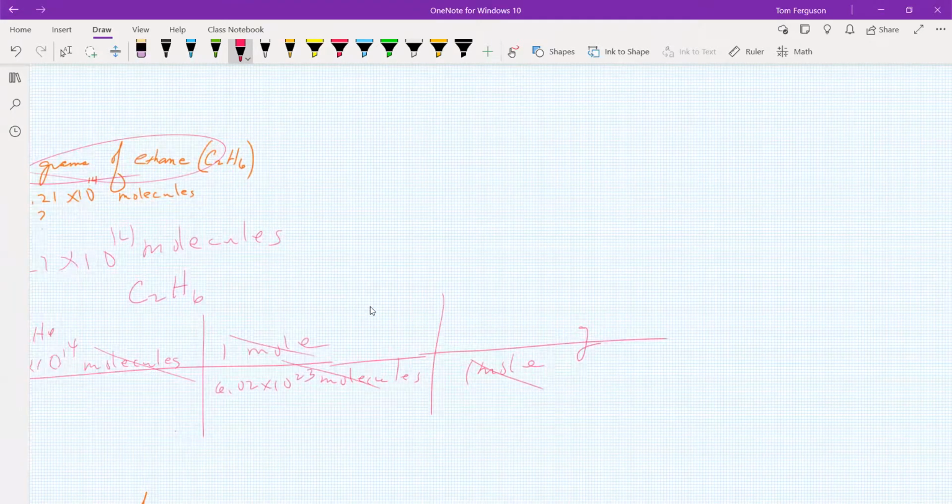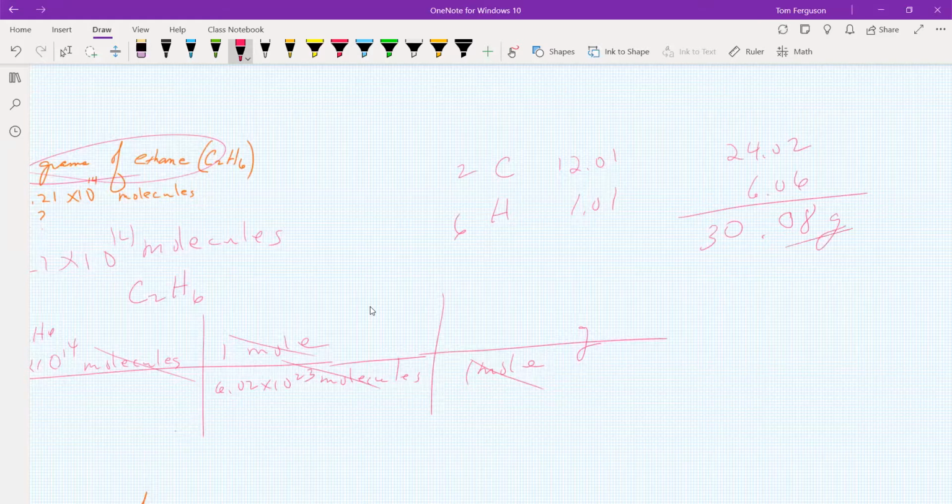So carbon is 12.01. Hydrogen is 1.01. And 2 of those and 6 of those. 2 of those is 24.02. 6 of those is 6.06. So that's 30.08 grams per mole.